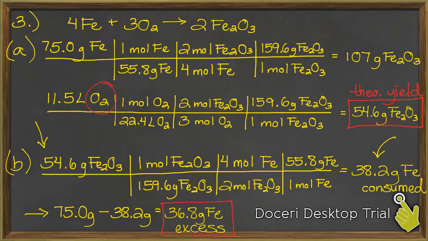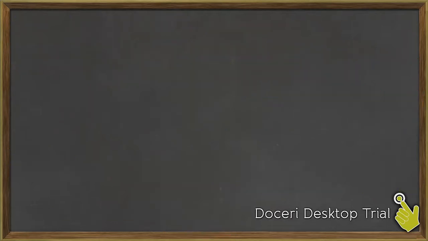There's the theoretical yield. Last part, part D, says if 42.3 grams of iron oxide are actually produced, what is the percent yield? Let me get to a fresh screen.